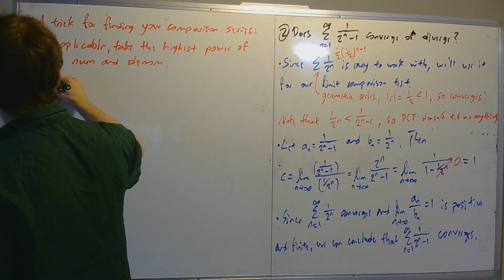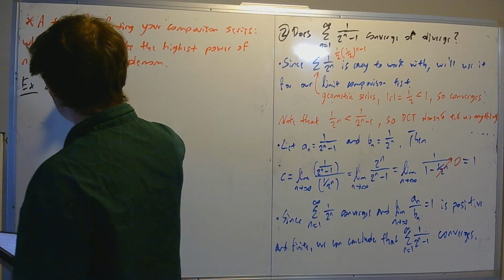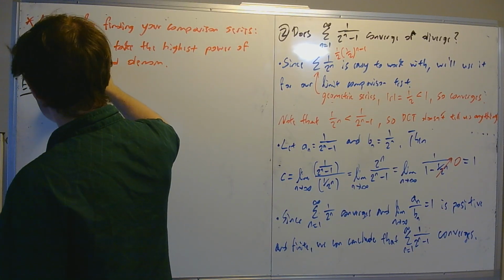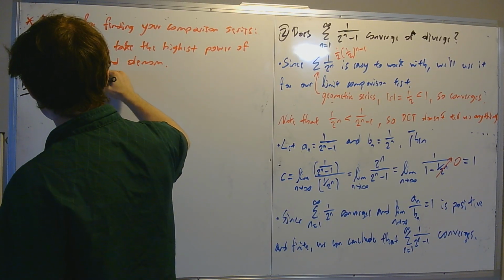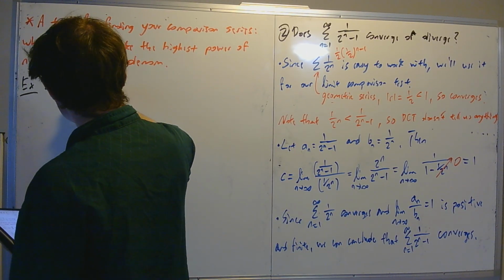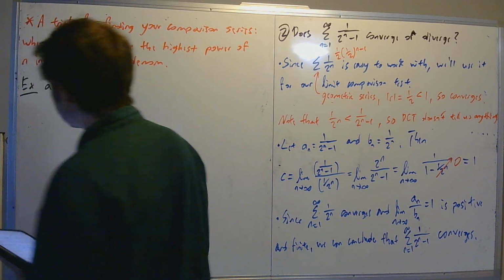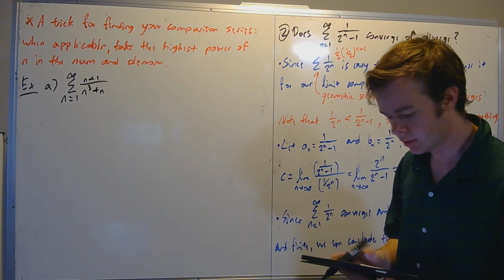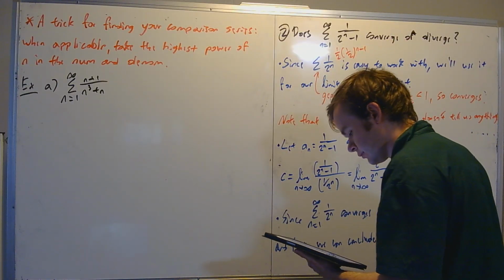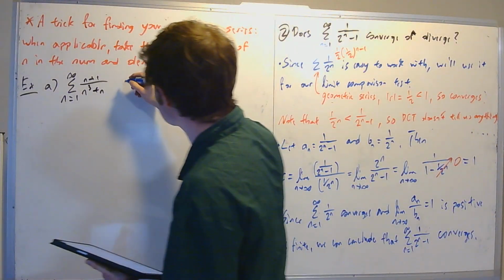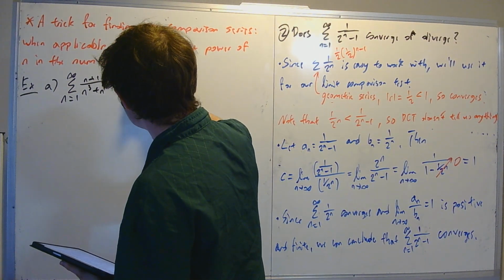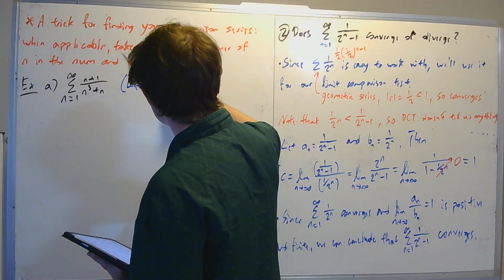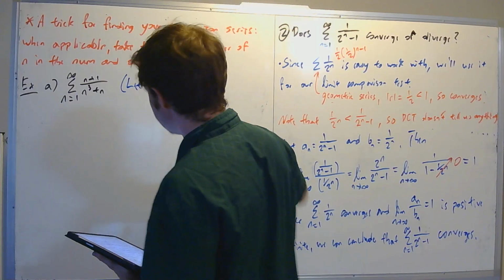Example part A, we're trying to find whether the sum from n equals 1 to infinity of n plus 1 over n cubed plus n is convergent or divergent. So I'll say here, let a_n equal n plus 1 over n cubed plus n.